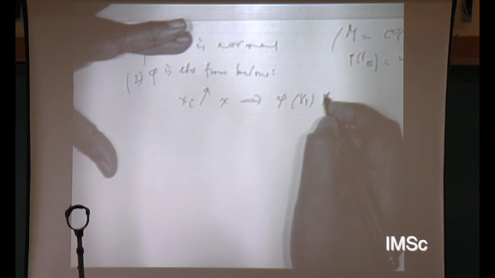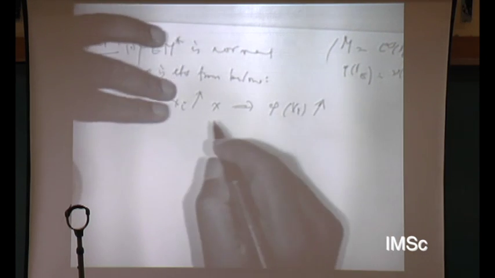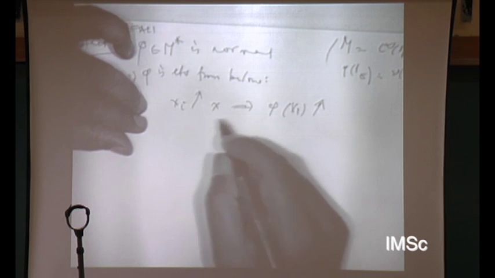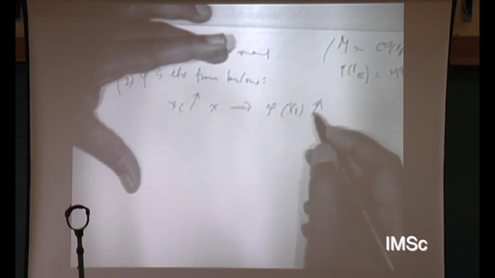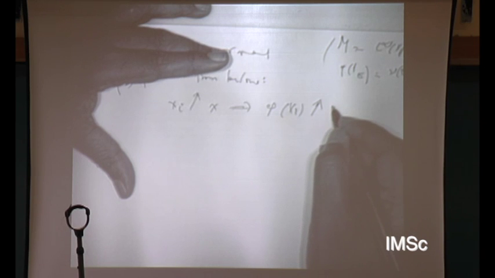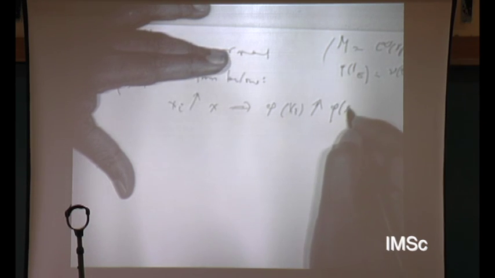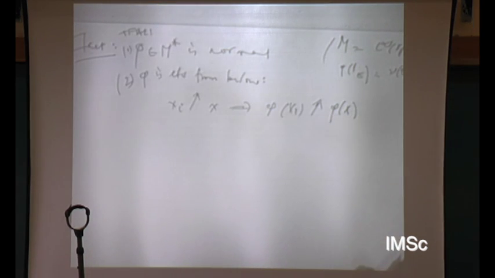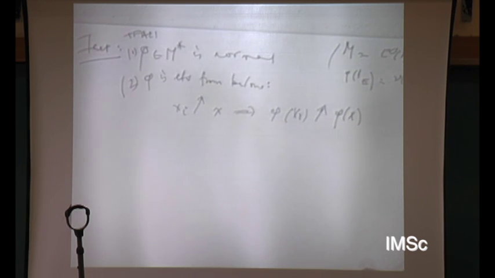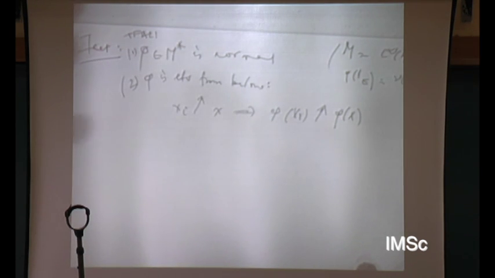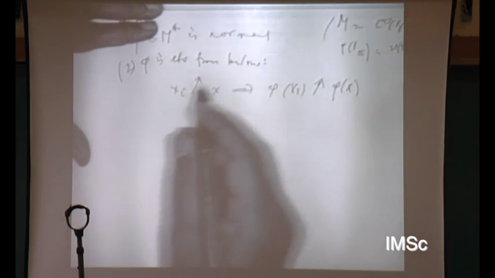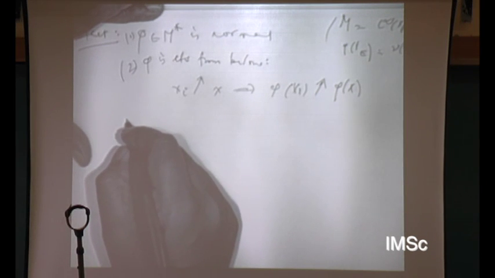The moment you know phi is countably additive, the fact that xi is increasing means phi of xi must increase. But the requirement that the supremum must be phi of x is countable additivity. Right? Like the monotone convergence theorem, for it to hold, you need countable additivity of the measure. So this is one version.